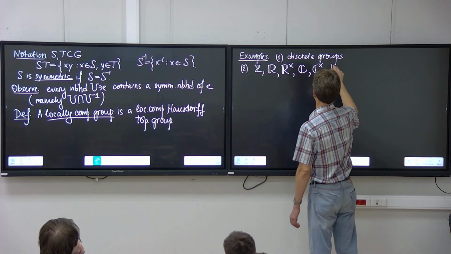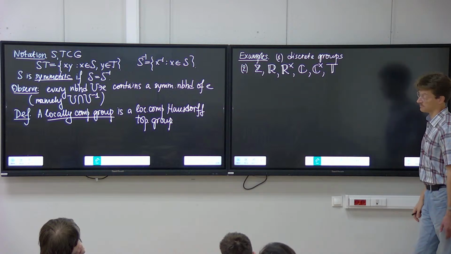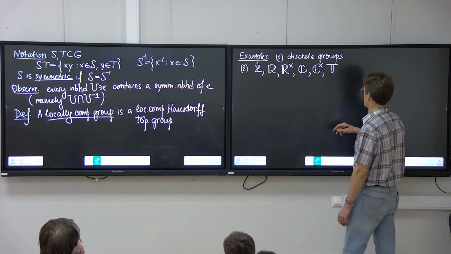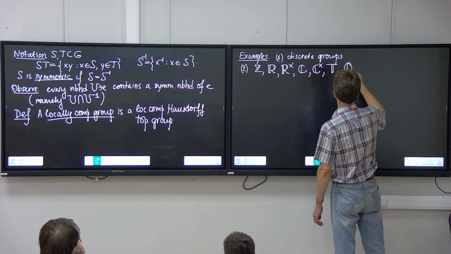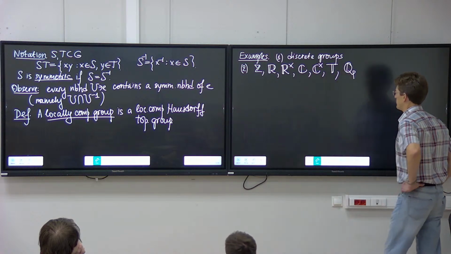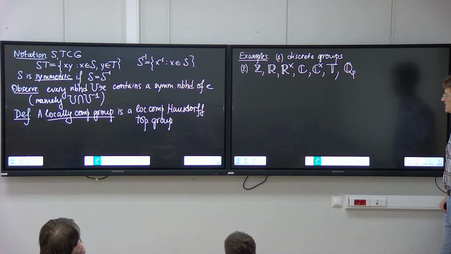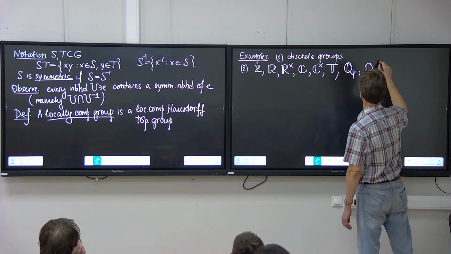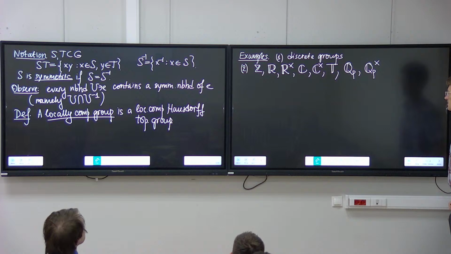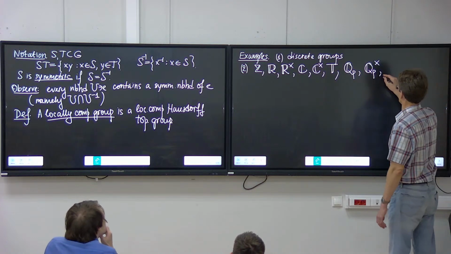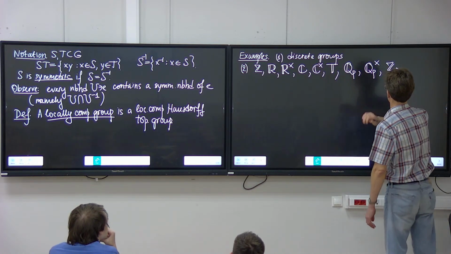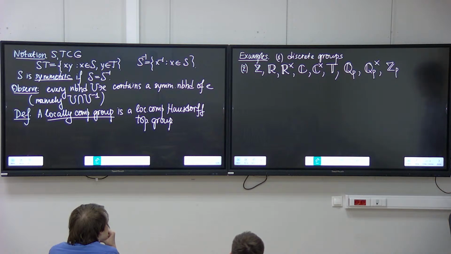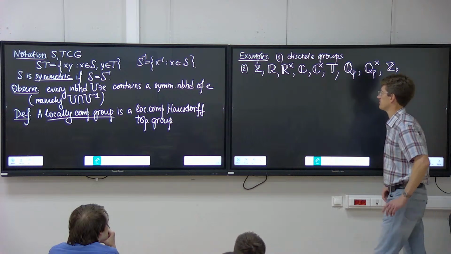The circle is locally compact because it is compact. The group of p-adic numbers is known to be locally compact, as well as the multiplicative group of this field. The group of p-adic integers is actually compact, so it is a compact topological group.